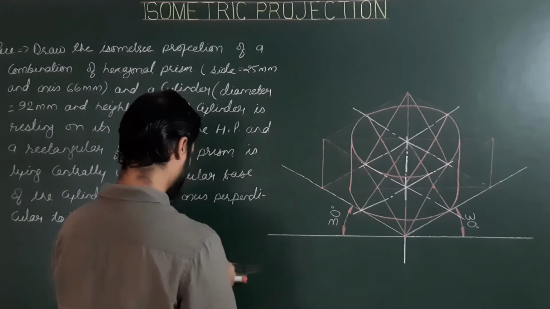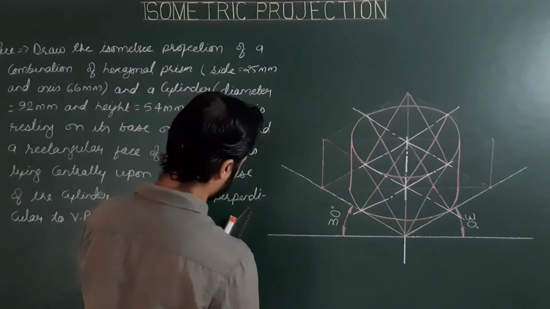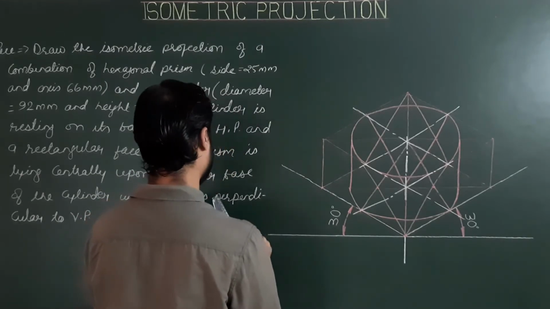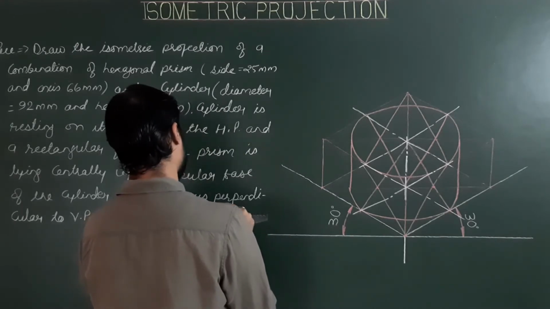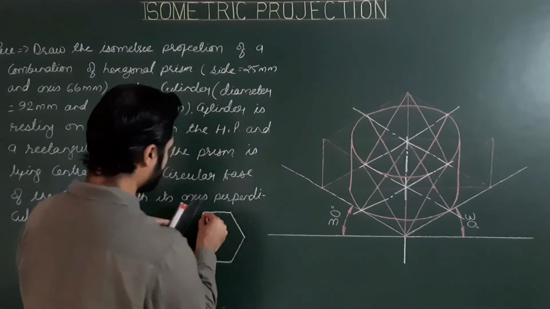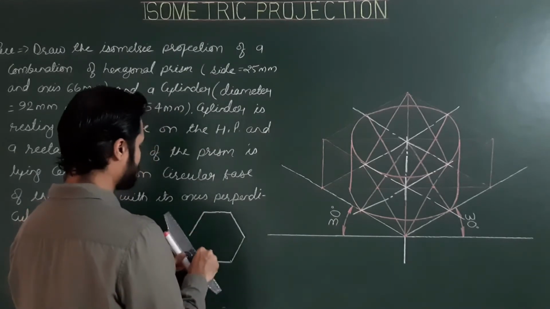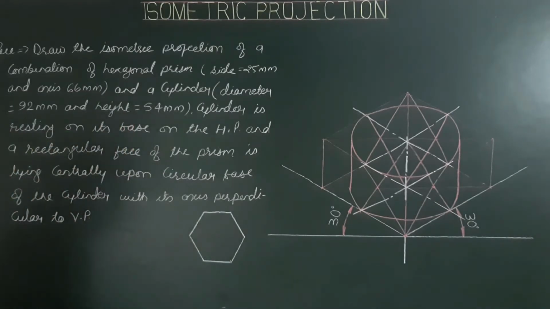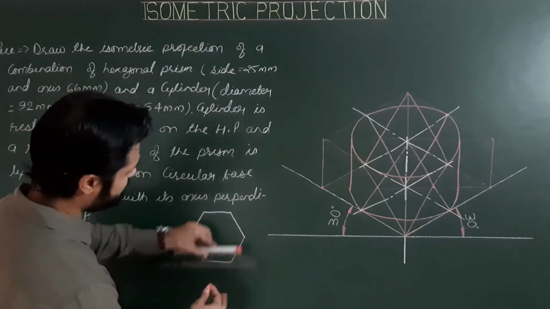First, drawing a regular hexagon of side 25, and then enclosing this hexagon inside a rectangular box by drawing lines parallel to and perpendicular to the first base side, or the reference side.